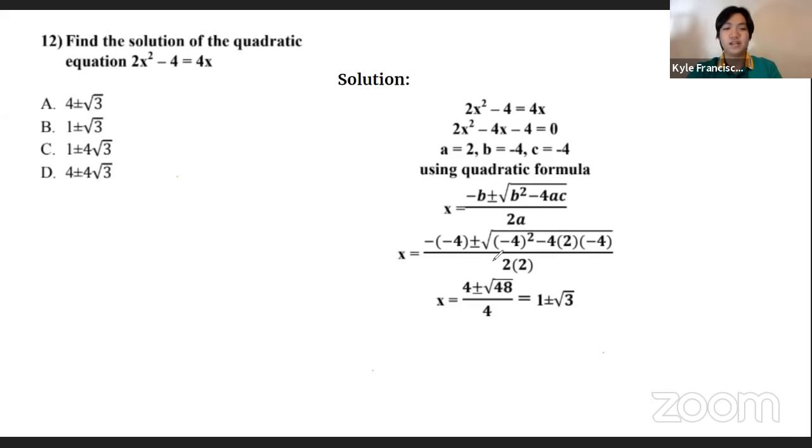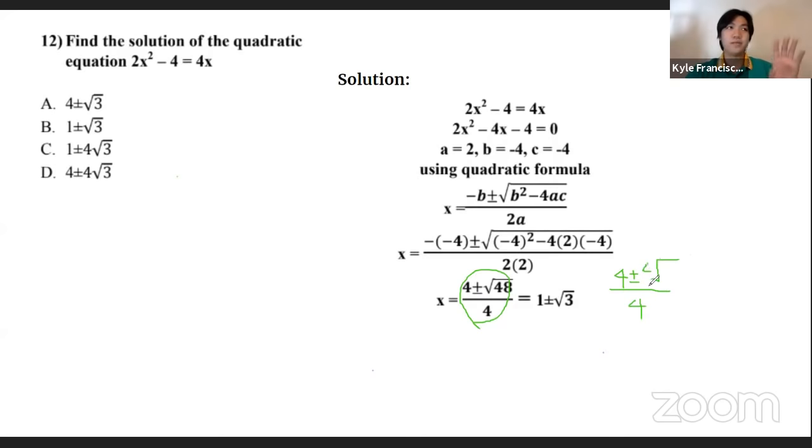Pero hindi niya ata nagawa yung dinivide yung 4. Kasi yung 4 plus or minus square root of 48 over 4, you can treat it as 4/4 plus or minus square root of 48 over 4. So yung 4/4 magiging 1 plus or minus yung square root of 48 magiging 4 square root of 3.